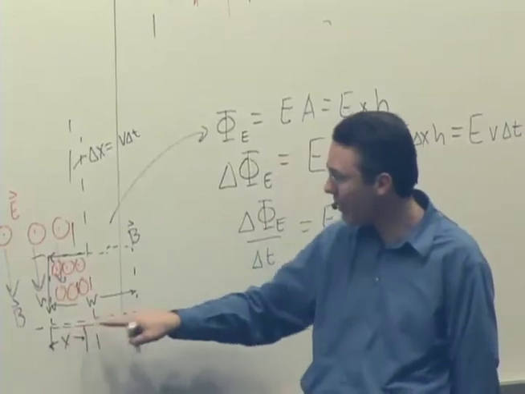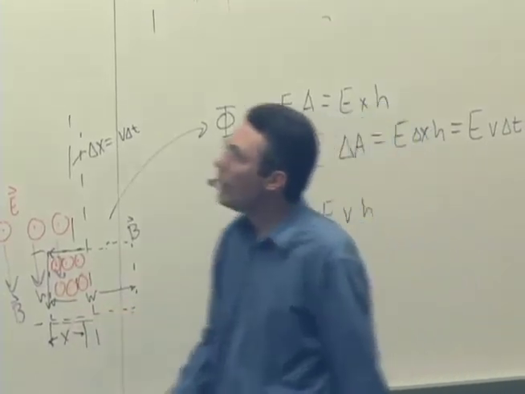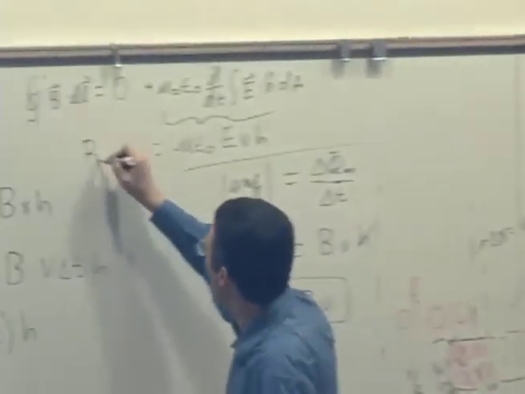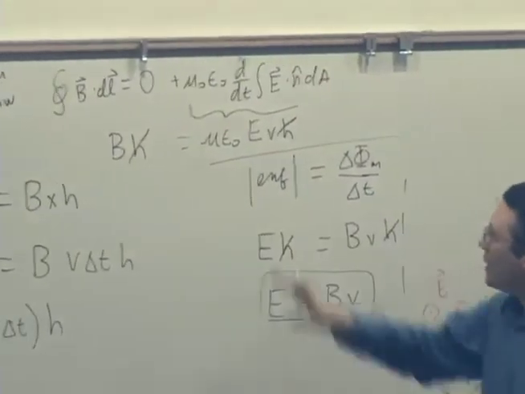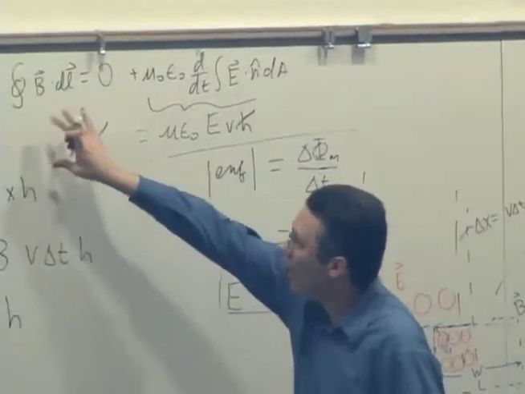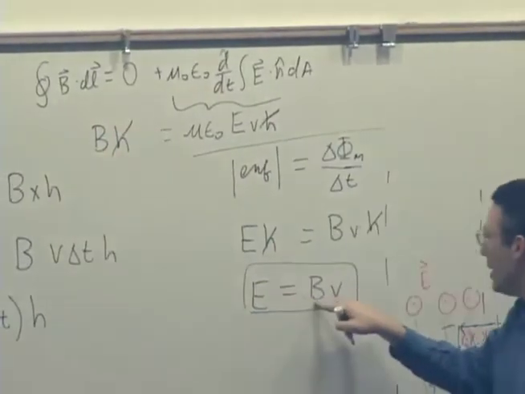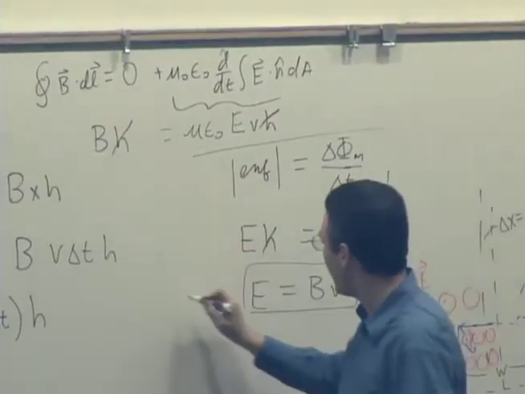It's perpendicular here, it's 0 out here. So I end up with BH on this side of the equation, and once again the H cancels out. So I get another relationship. From applying Faraday's law, I get E is equal to B times V.